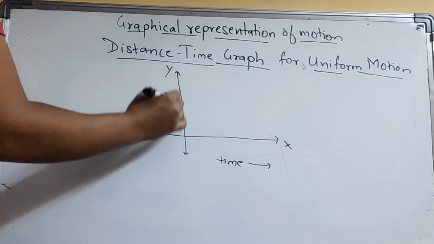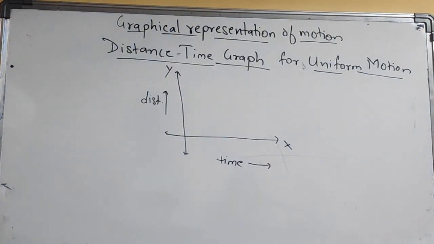Understood? Now we are going to draw a distance time graph for an object in uniform motion.